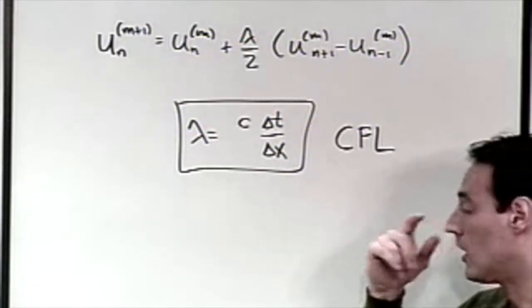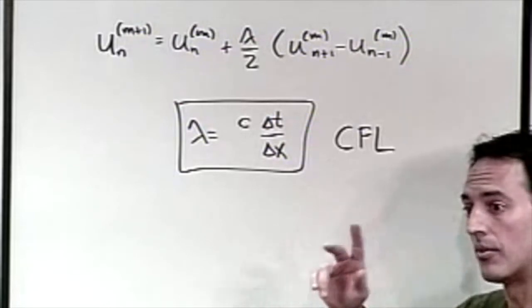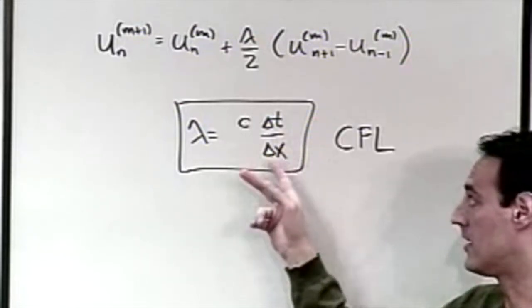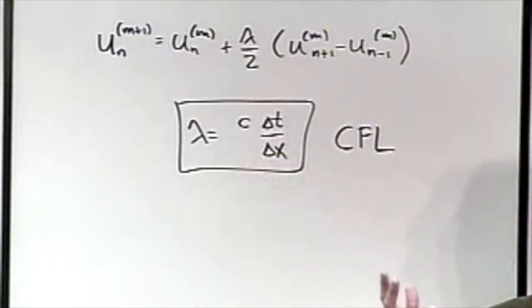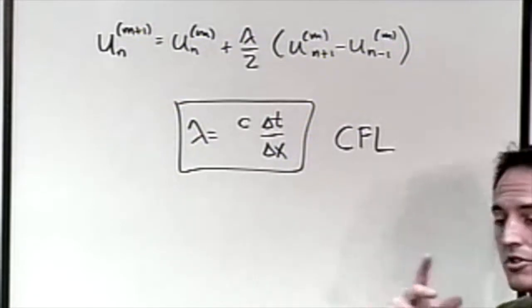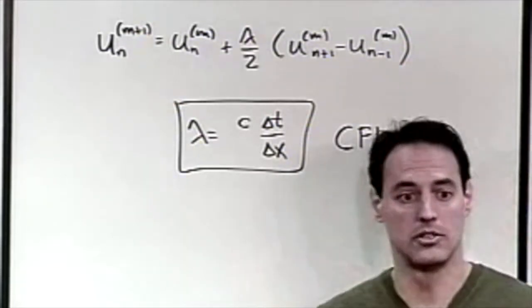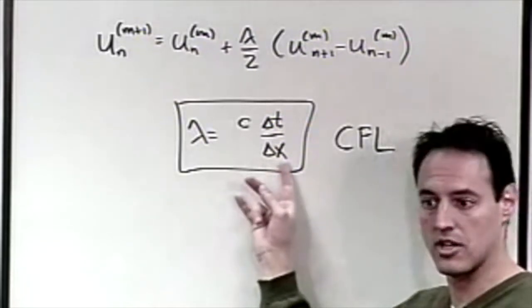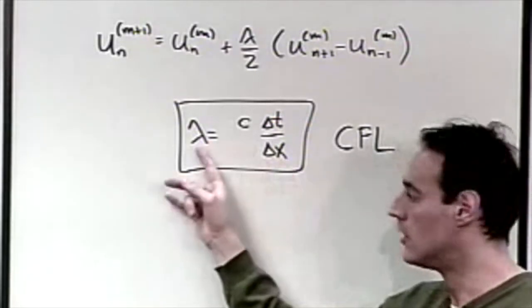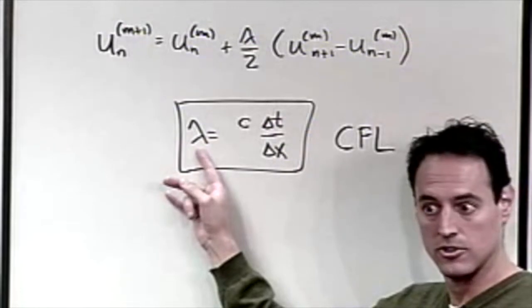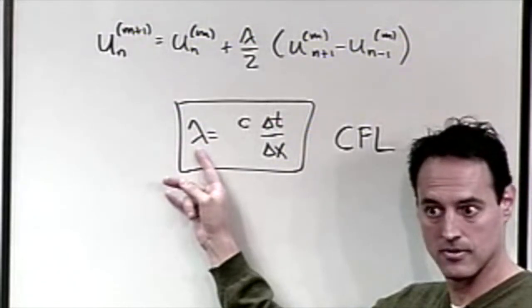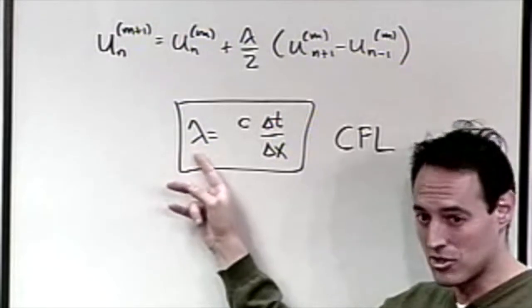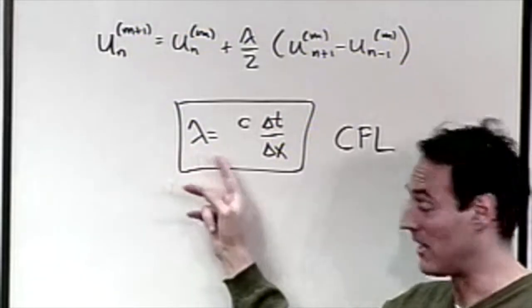Now, given that, you could ask the following question. You see that, in fact, delta t and delta x are completely wrapped up in each other. In other words, you can say, I want to double my spatial resolution. If you ask that question, you're saying, I'm going to cut delta x in half. What did you just do to lambda then? You doubled its size. Now remember, this has to be smaller than a certain value. You just doubled it by cutting delta x in half.